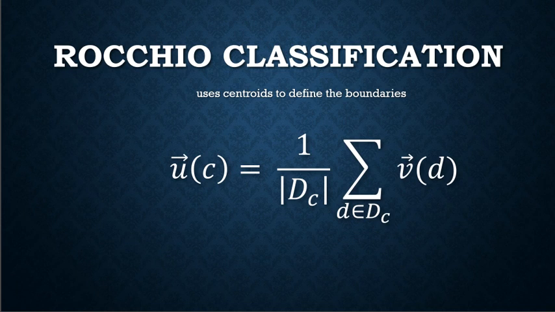The centroid of a class C is computed as the vector average, or center of mass, of its members, where D subscript C is the set of documents in D whose class is C. d is a member of that set of documents, and the normalized vector of that document is represented by v(d).